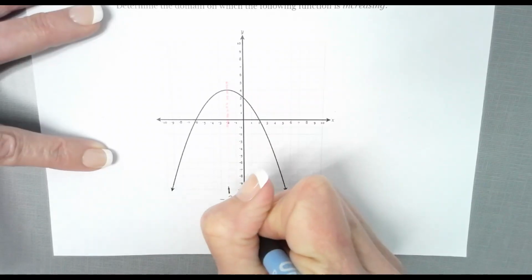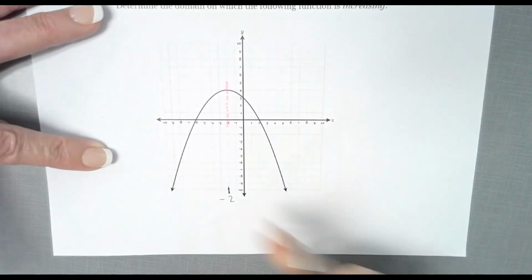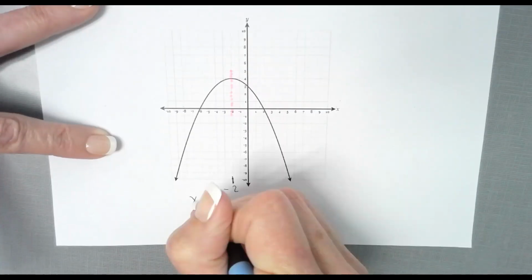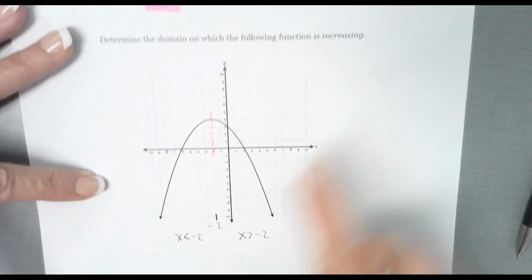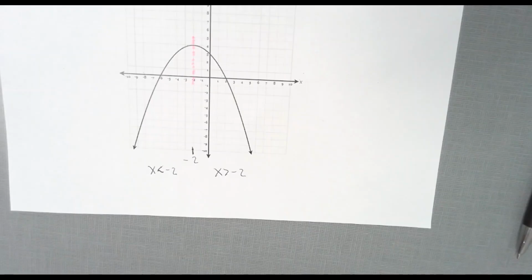at -2. So y'all, on the x-axis on the right side is where all your x values are bigger than -2. On the left, x values are less than -2. So one of these is going to be your answer. So let's look. Determine the domain.